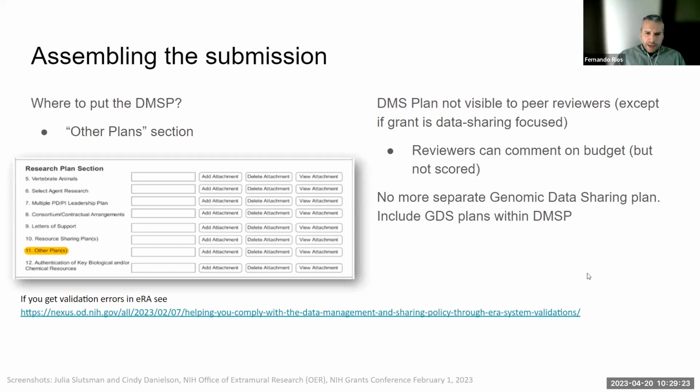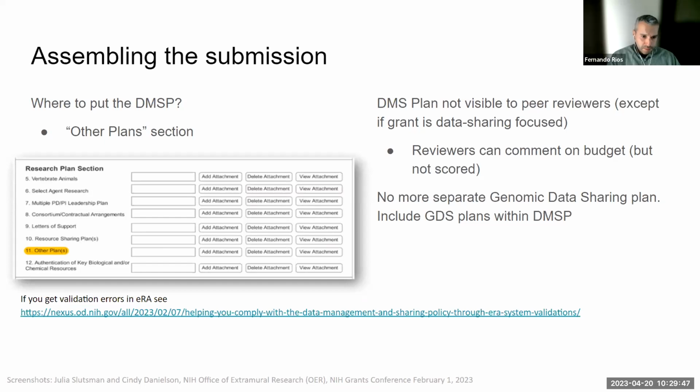One thing I do want to point out here is that previously, if the work was related to genomic data, there was a genomic data sharing plan that has now been folded into the DMSP. So any sharing related to genomic data is also described within the larger DMSP.